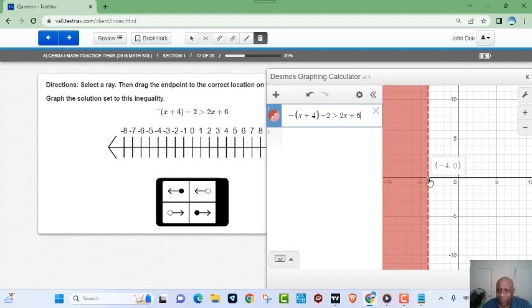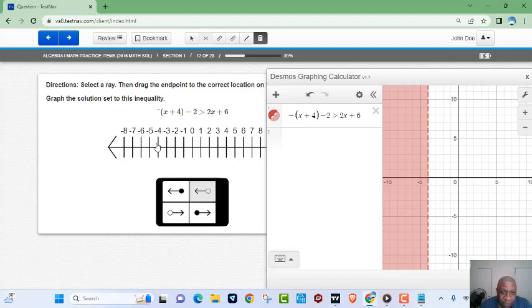Okay, so this time Desmos is shading to the left, and it looks like it's at -4. So the answer is x is less than -4, because everything less than -4 is shaded. So less than is going to be an open circle here. And I'll take this and drag it, if it will allow me to do so.